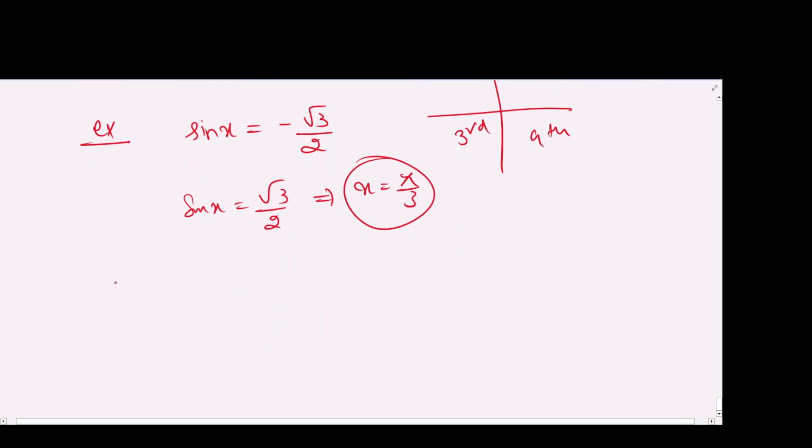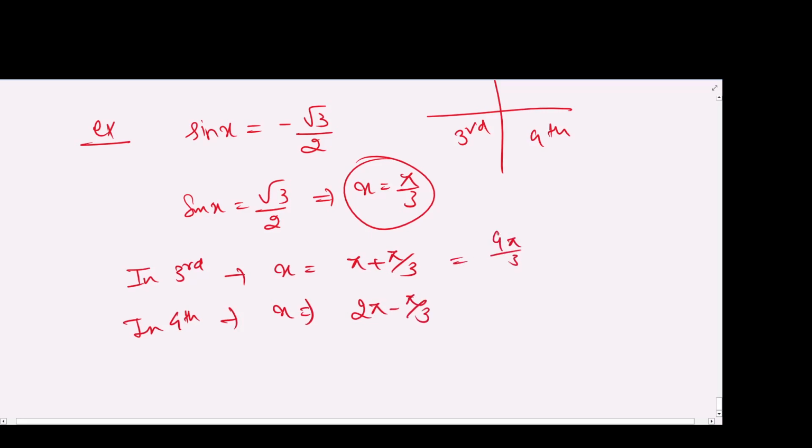So in third quadrant x will be pi plus pi by 3, and in fourth quadrant x will be 2 pi minus pi by 3, which is equal to 4 pi by 3, and 5 pi by 3.